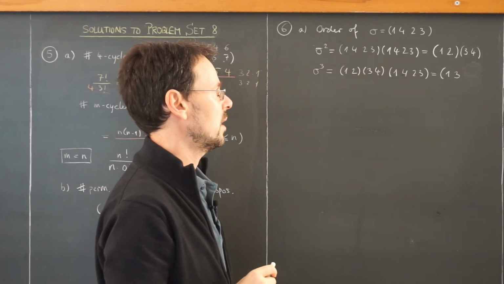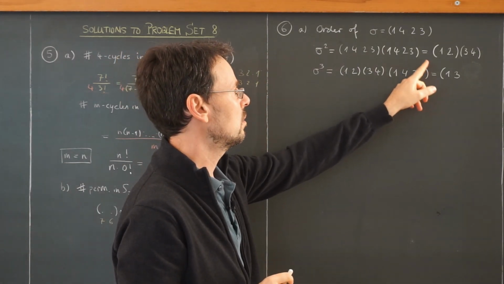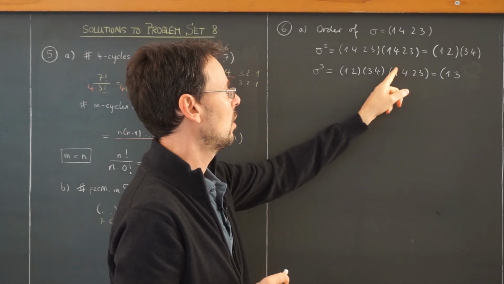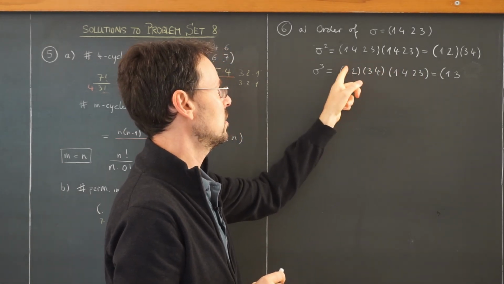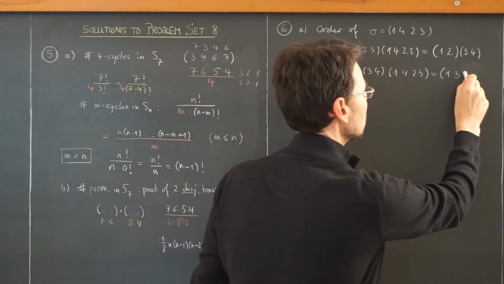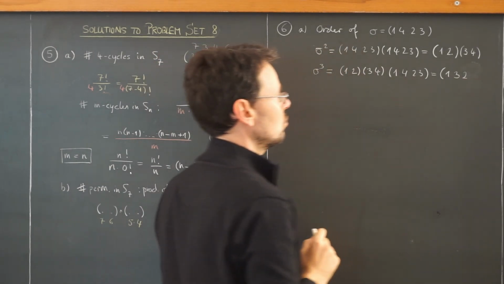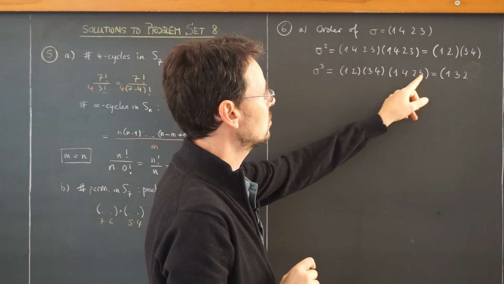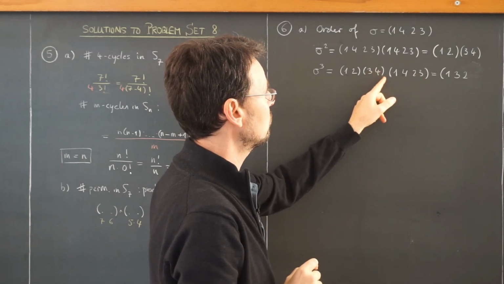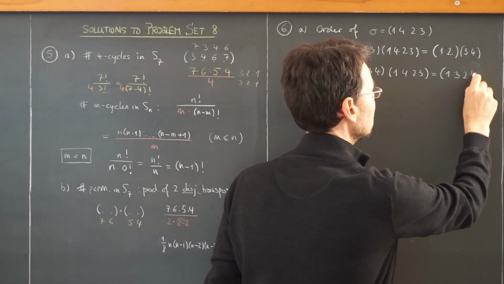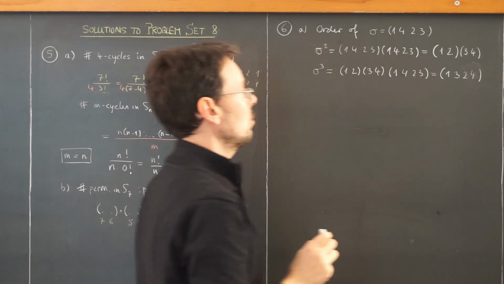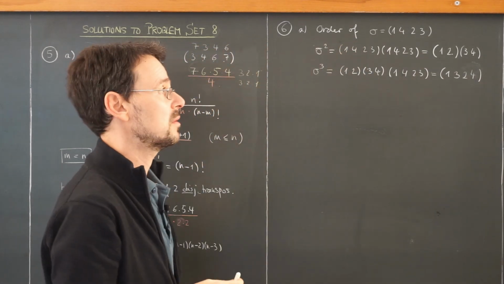Okay, let's look at the number 3, 3 goes to 1, 1 stays where it is, and 1 goes to 2, so 3 goes to 2, 2 goes to 3, 3 goes to 4, 4 stays where it is. Oh, the 3rd power is a 4 cycle again.